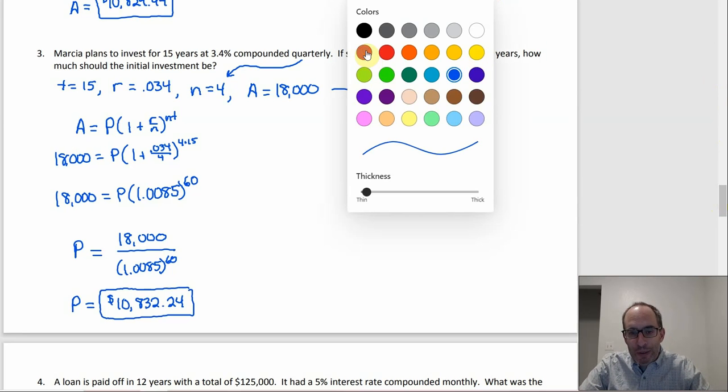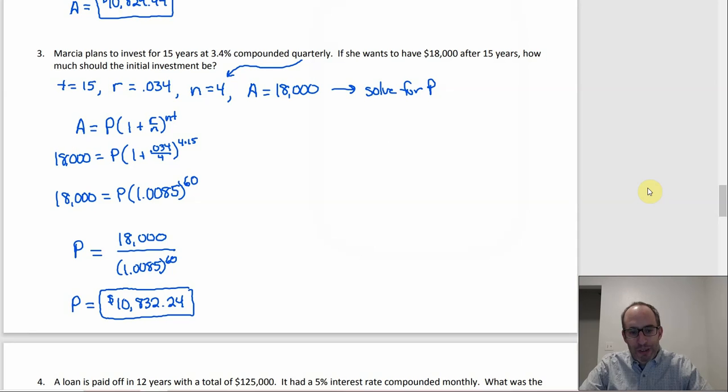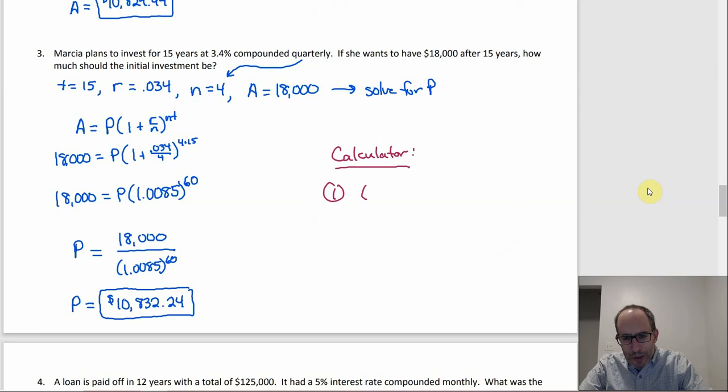But how would I do that with a calculator? Just to duck around all the intermediate steps. So with a calculator, I would do the denominator first because it's got the exponent in it. So I would do the 1.0085 raised to the power of 60. And I guess you don't really even need the parentheses, right?